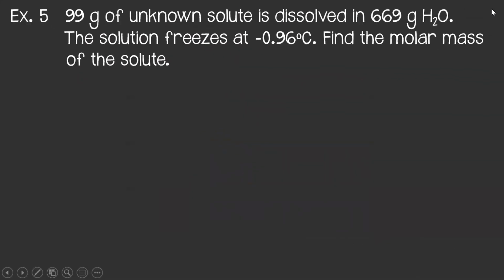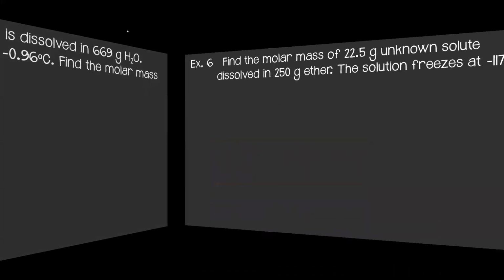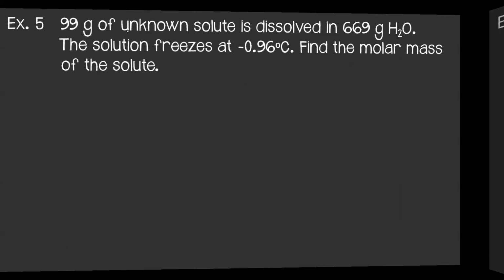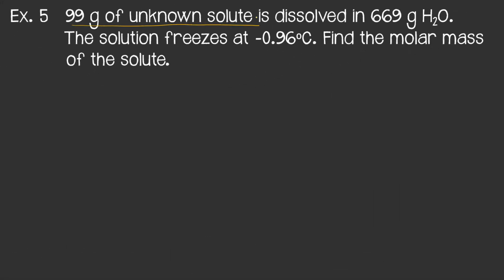Okay, so let's try this example. 99 grams of unknown solute is dissolved in 669 grams of water. The solution freezes at negative 0.96 degrees Celsius. Find the molar mass.